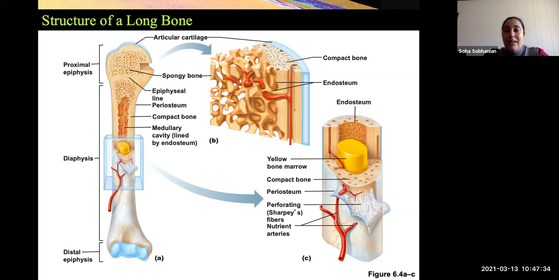Location of the red bone marrow in an adult is the spongy bone within the epiphysis. Correct. If I ask you what is the location of the yellow bone marrow, the answer would be the medullary cavity, which is located at the center of your diaphysis. So make sure you distinguish yellow bone marrow versus red bone marrow.